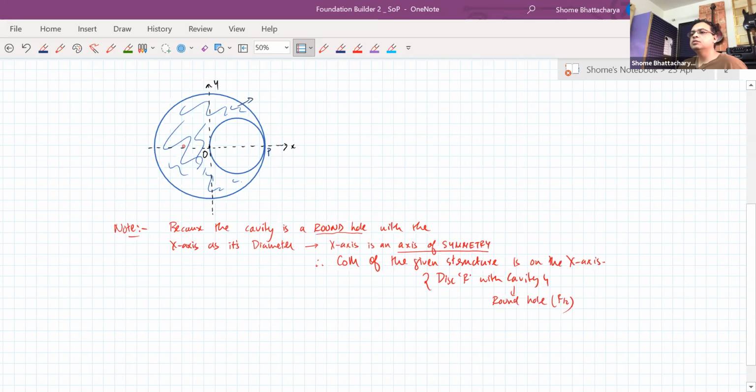I know it will be somewhere over here, I just don't know its coordinate. So let C have an x coordinate of x cm and y coordinate of 0.